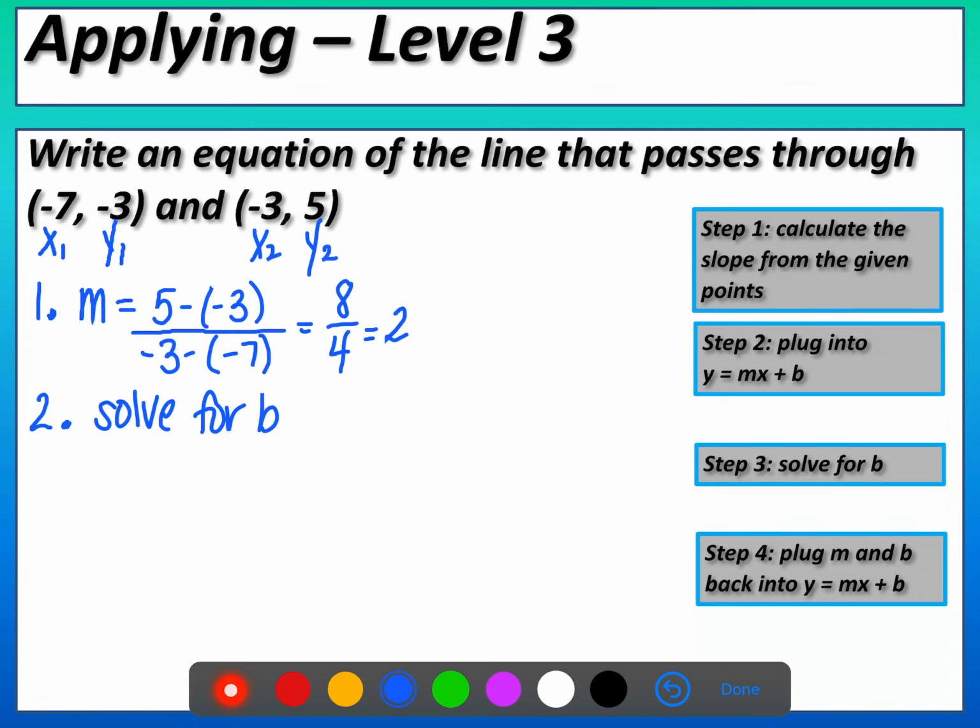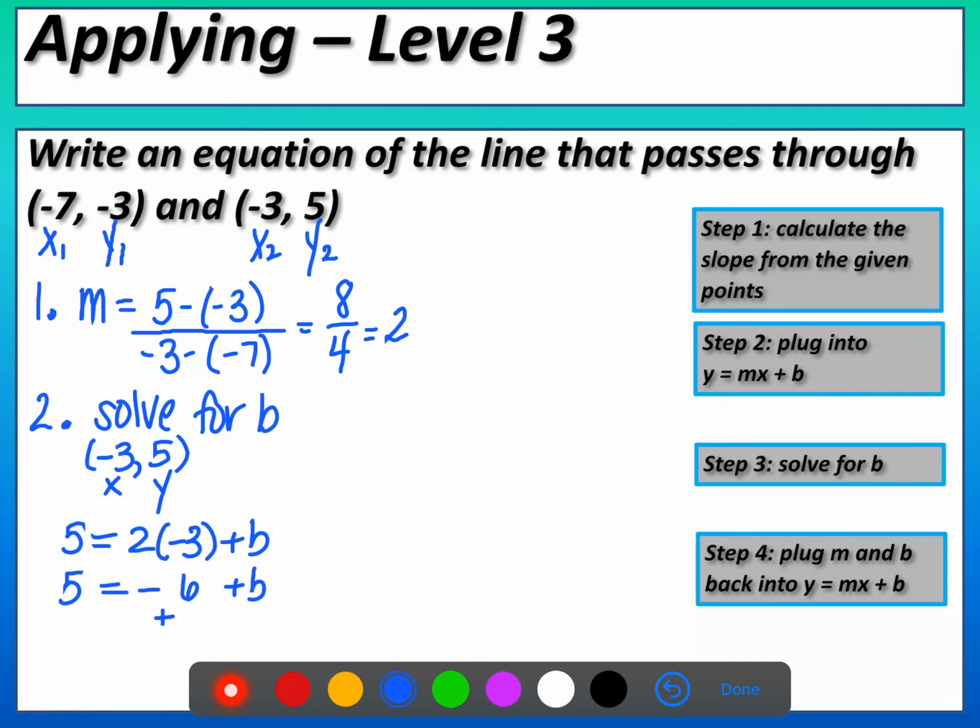So I can use either one of those ordered pairs. I'm going to choose the one that only has one negative. So I'm going to use (-3, 5), and I'm going to plug that in for x and y, and solve for b.